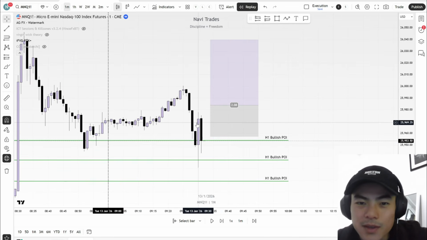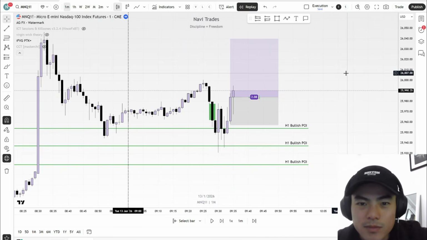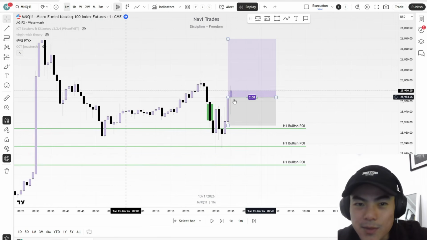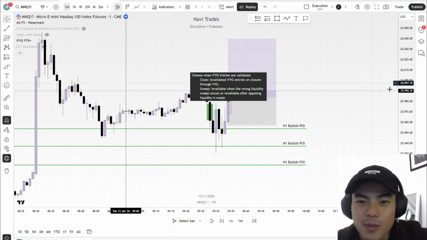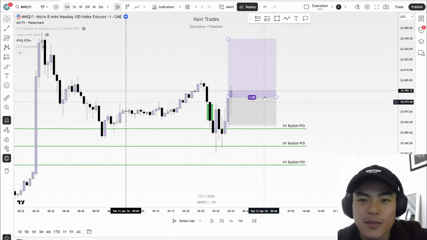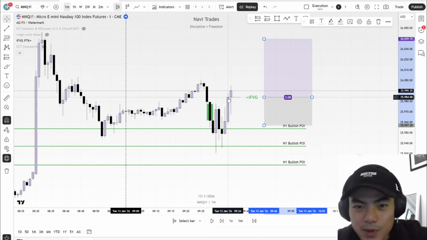No inversion yet. Nothing yet, nothing yet. Boom, okay. As you can see by our inverse fair value gap indicator, we have a confirmed IFVG. So here's where you would enter your long.